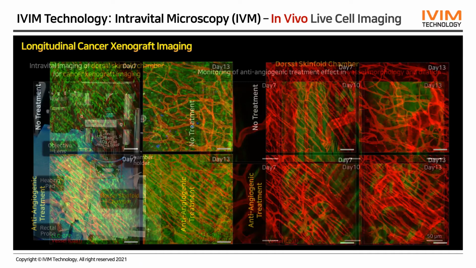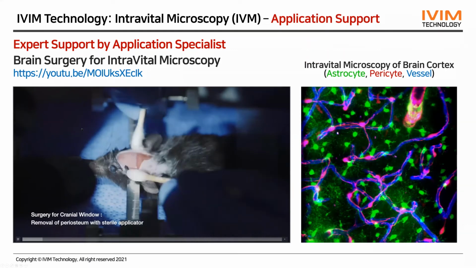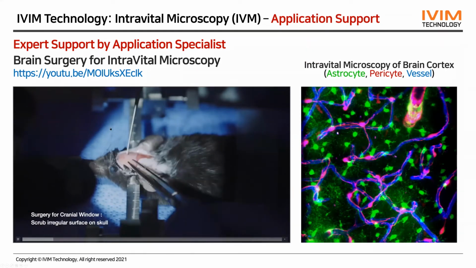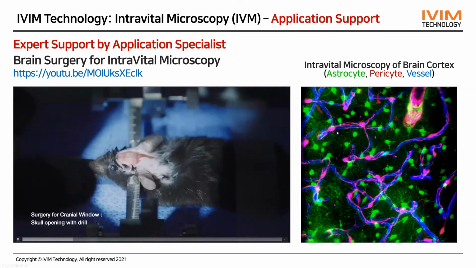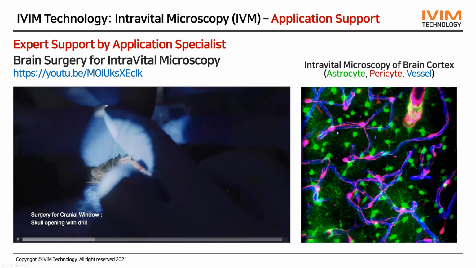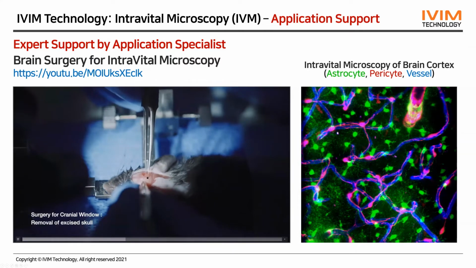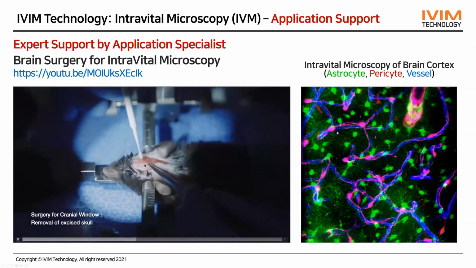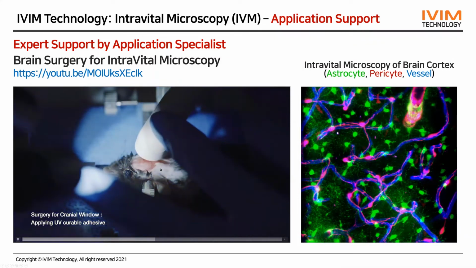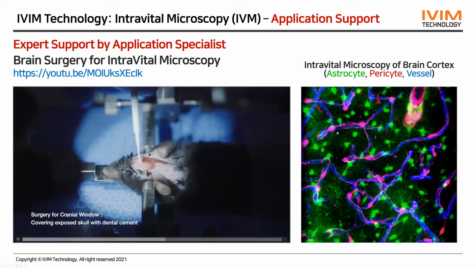Another very well-known technique for long-term intravital imaging of the brain is the cranial imaging window. This is again the video we uploaded on YouTube. We remove a small area of the skull, put a transparent cover glass, and then put UV adhesive to seal the area.